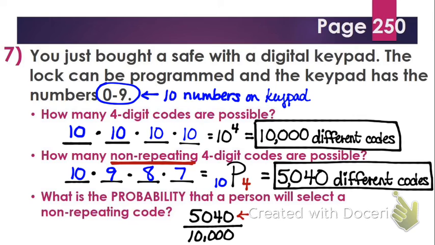This is all the non-repeat codes, and the bottom is all possible codes.